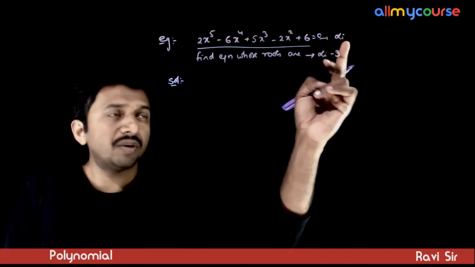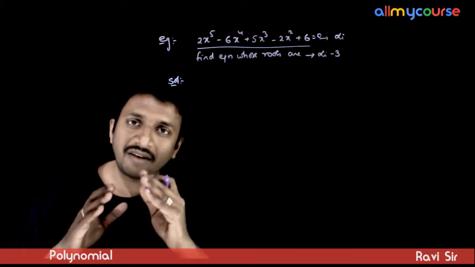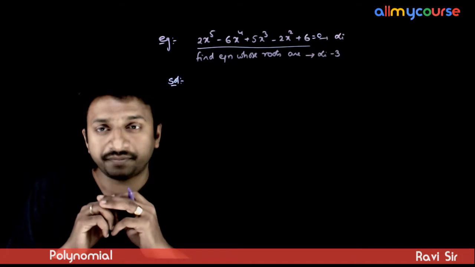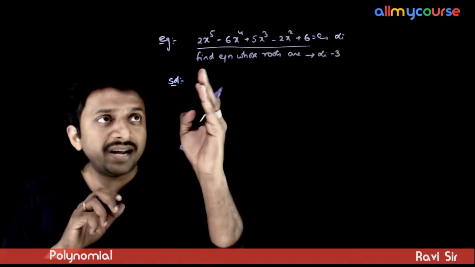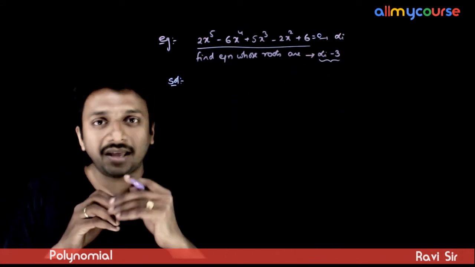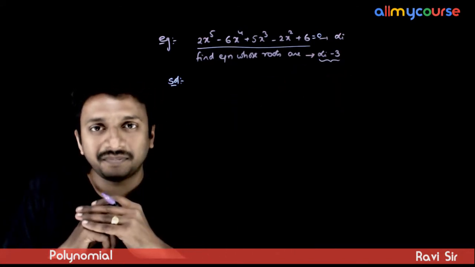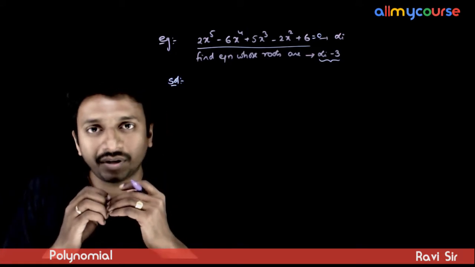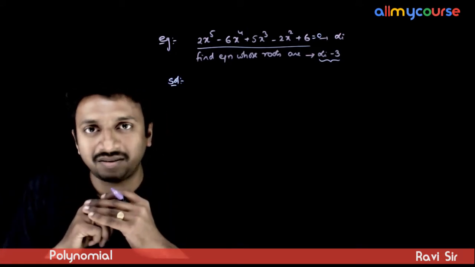And the roots of this equation are alpha i's, that is alpha 1, alpha 2, alpha 3, alpha 4 and alpha 5. You are asked to find the equation whose roots are alpha i minus 3. That means you are asked to reduce the magnitude of the roots by a constant 3.